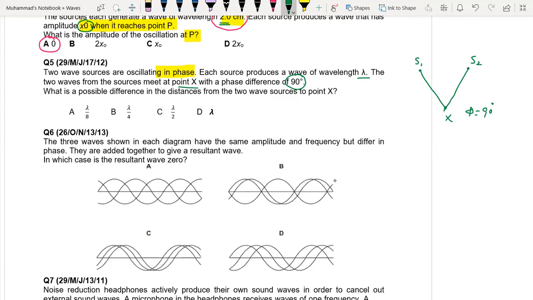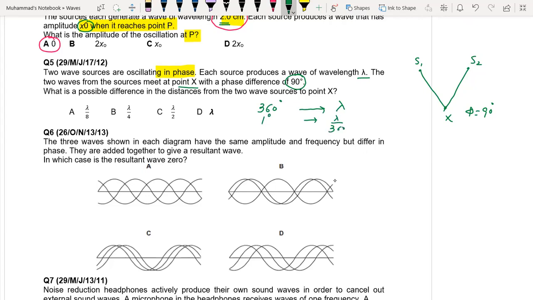You know that a phase difference of 360° is equal to a path difference of one wavelength. So 1 degree will be equal to lambda by 360.